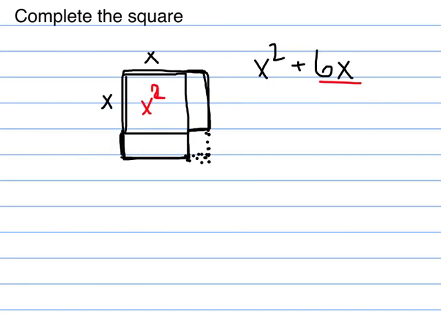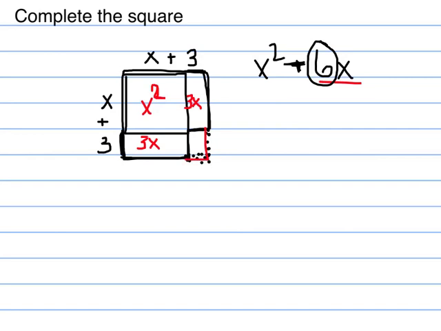What I can do with this constant is if I take that constant and divide it into equal parts, I get 3 and 3. So that would be the number that would go here and here. And because this is a plus, they will both be pluses. Okay? So that would give me here 3x and 3x.